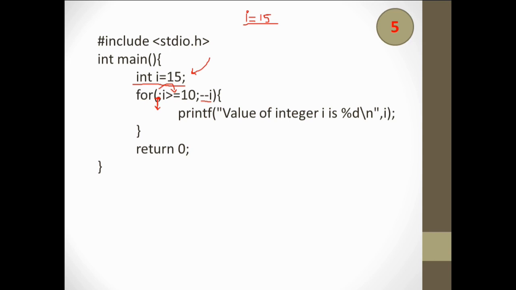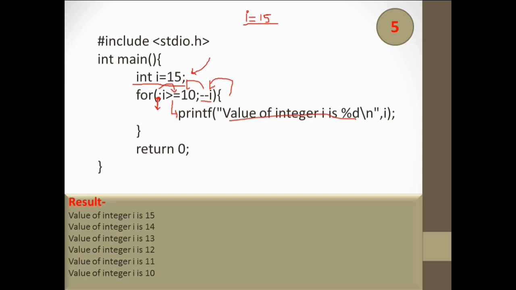When the condition becomes true, it will go inside that for loop and print the value of this statement. After that it will go to that part, and here it will decrement the value of I first. So the value of I will become 14, and after that it will go to that part. So here also you will get the same answer as the previous one.